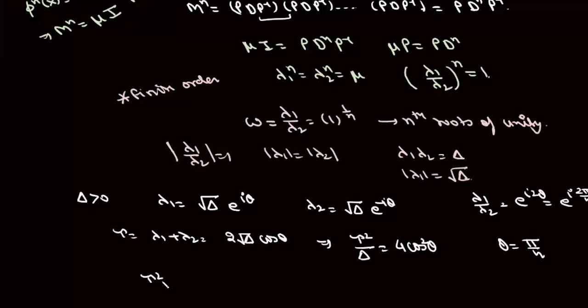So from here we get tau square upon delta equal to 4 cos square pi by n. This value will always be less than 4 for any integer n. So tau square upon delta can take values from 0 to 4, with 0 included and 4 not included.